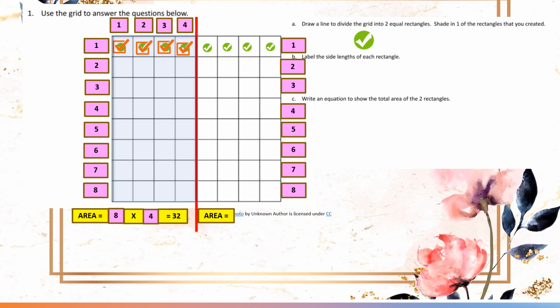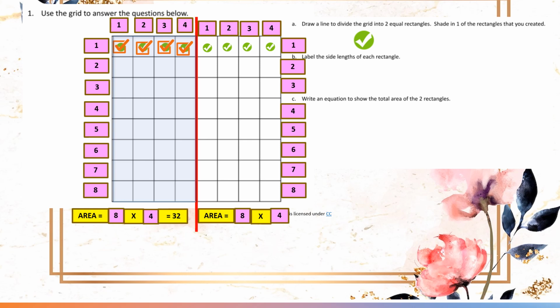So my area, I'm going to go ahead and create my area formula right below it. Area equals 8 times, and let's go ahead and count the width. 1, 2, 3, 4. So my area for the white rectangle is 8 times 4.